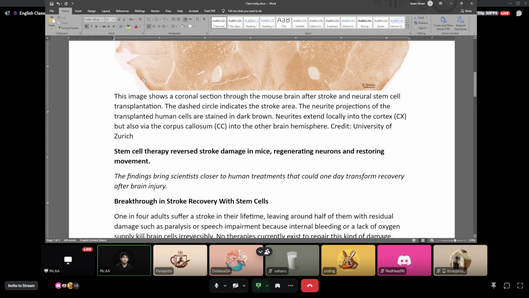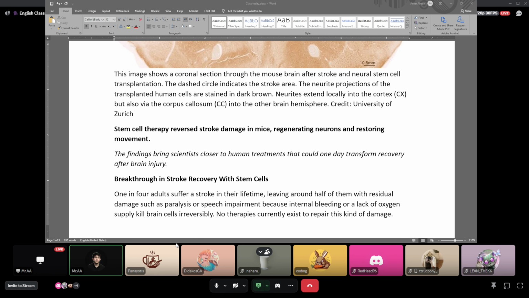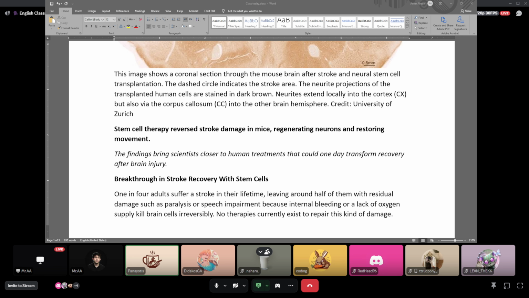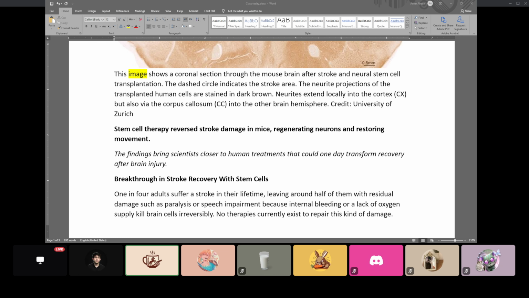Okay. Now, I would like Mr. Panayotis to read the first paragraph of this scientific paper, please. Yes, of course. This image shows a coronal section through the mouse brain after the stroke and neural stem cell transplantation.